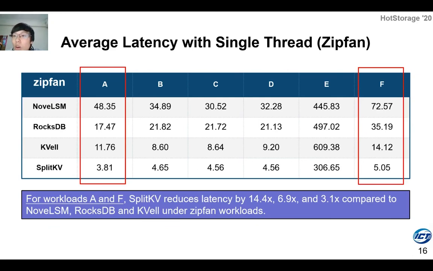LSM tree-based NoveLSM and RocksDB perform compaction to insert ordered data and recycle invalid data. This causes high write amplification and reduced performance. KVell applies in-place update for all key value items to avoid sorting overhead to achieve better performance. However, KVell suffers from read-write amplification for smaller key value items.